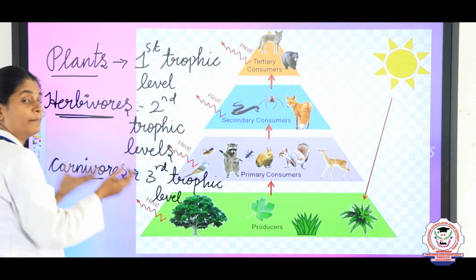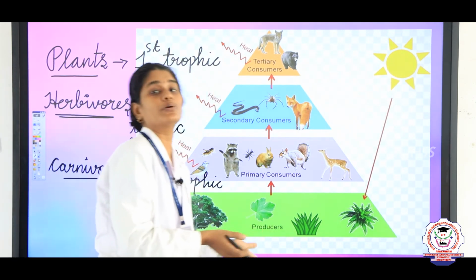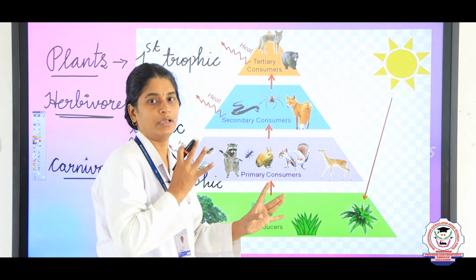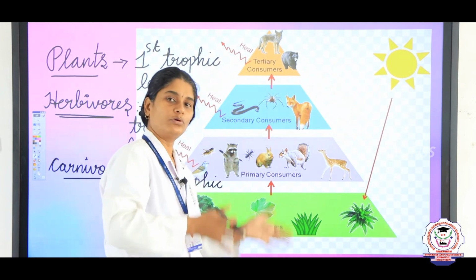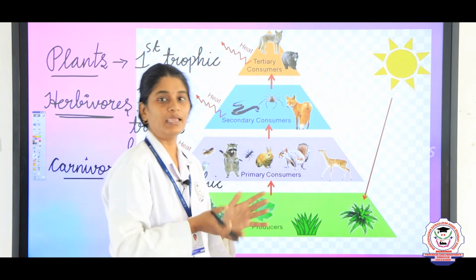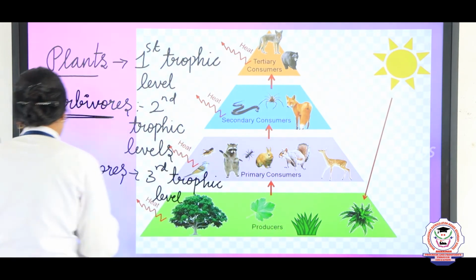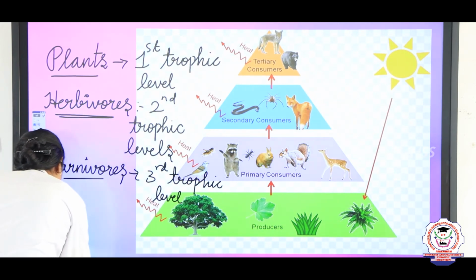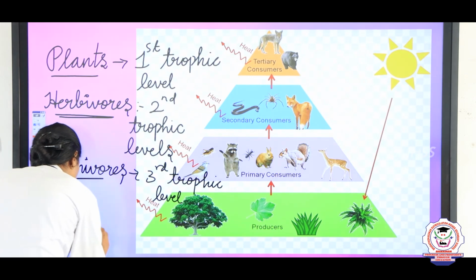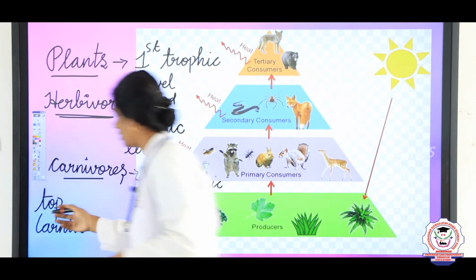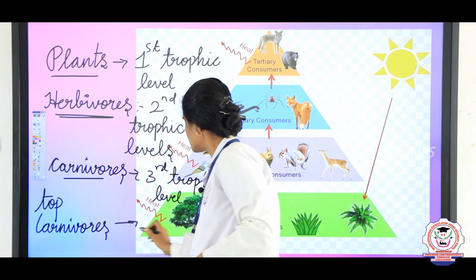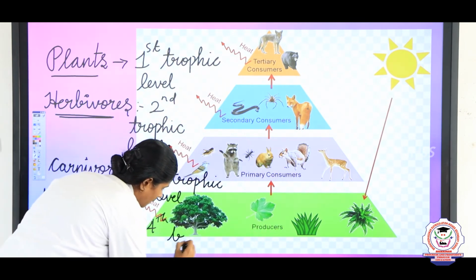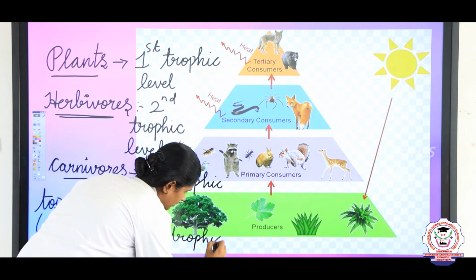Sometimes these small carnivores, which can be a frog or a snake, can be further eaten by the top carnivores. They are also called the fourth trophic level.